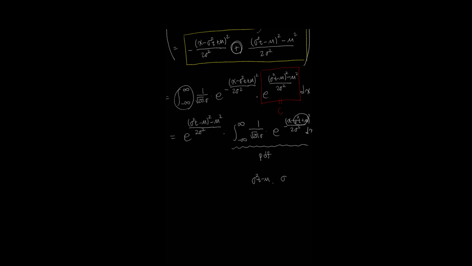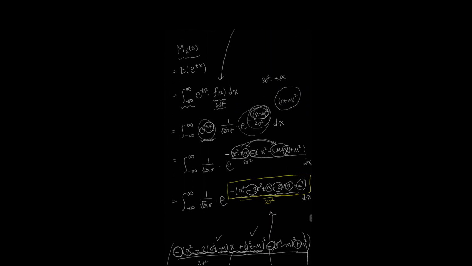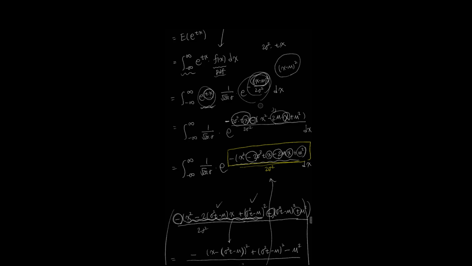Because like here, when we go up, here it's a little dirty, I apologize, but we talked about it, and this was the PDF of a distribution which follows the mean of mu and standard deviation of sigma. So this part is the mean of this distribution, and this part is the standard deviation of this distribution.